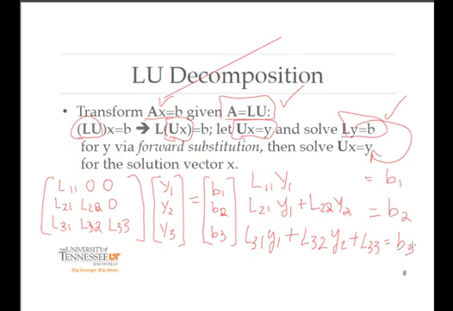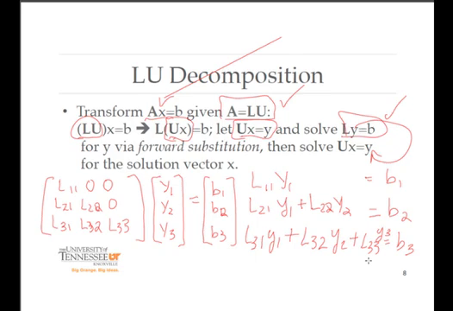I forgot to add it in here, so this should be Y3 there, multiplied by the L33. And if you had Y1 and Y2, you would be able to pull off that Y3 immediately.